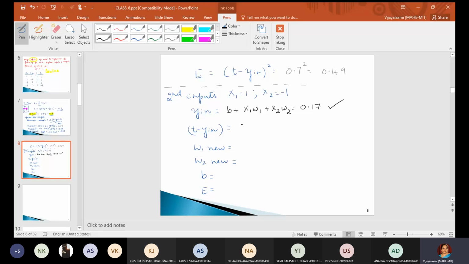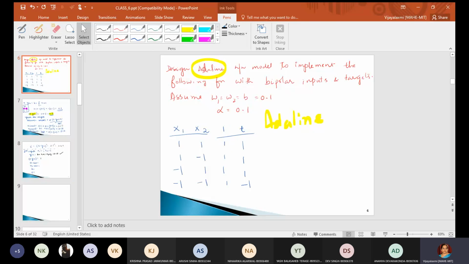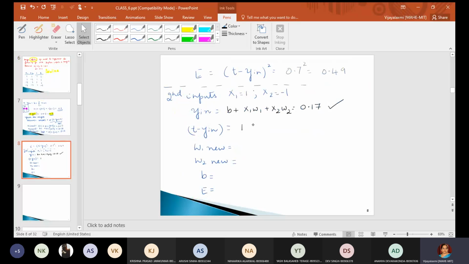T is 1, right? T is 1. Yeah. T minus y in. Y in is 0.17, which is equal to 0.83. Is this right? Yes, sir. Okay. Now calculate W1 new and W2 new.